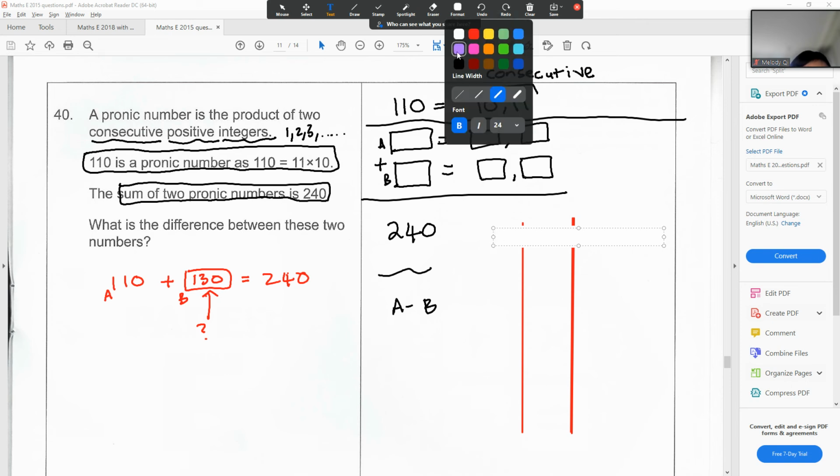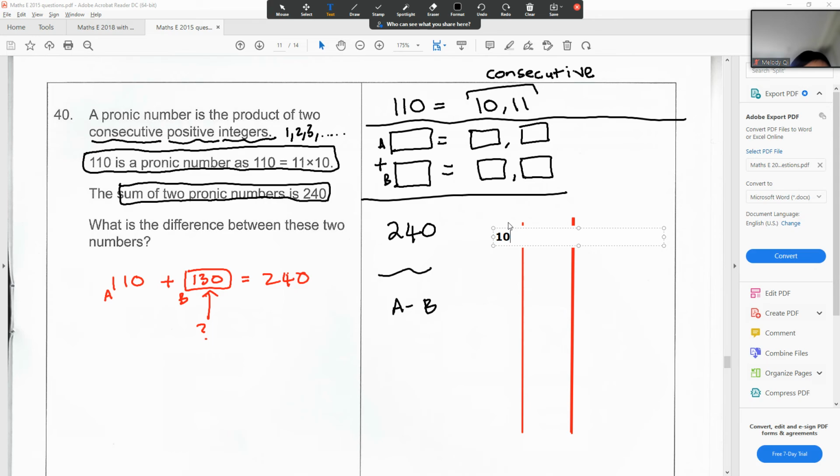So 10 and 11 gets you 110. So 10, 11, 110. 11, 12, 121. 12, 13, 132.